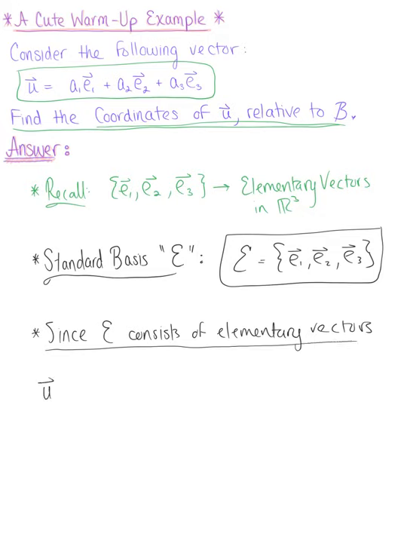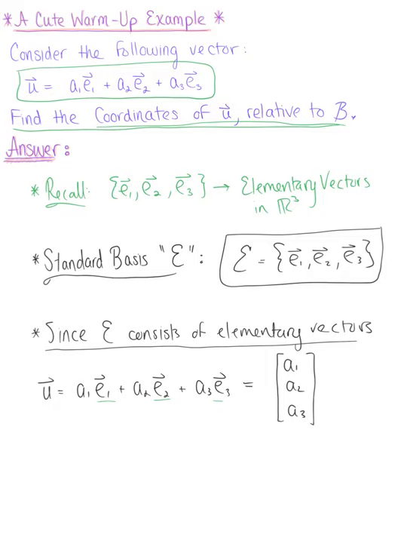We can say that vector u, which here is defined as a sub 1 times vector e sub 1 plus a sub 2 times vector e sub 2 plus scalar a sub 3 times vector e sub 3, and again, because these are just those elementary vectors, those unit vectors, we can rewrite this as the column vector a sub 1, a sub 2, a sub 3.